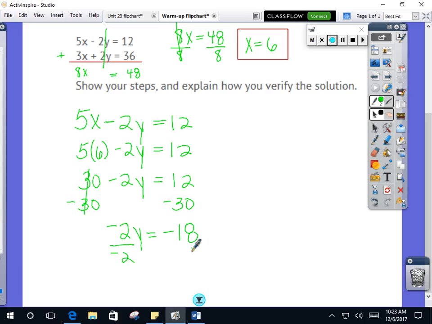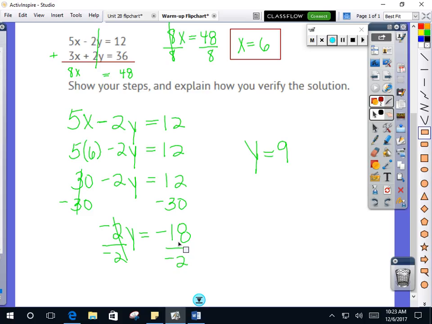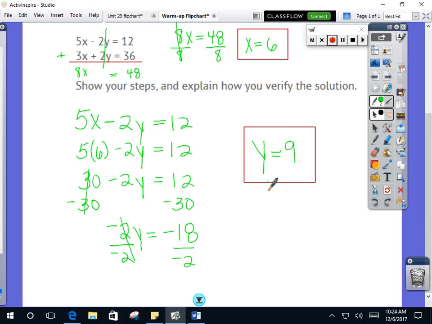Divide by negative 2 on both sides, and you get y equals 9. Positive 9, because a negative divided by a negative is a positive, and 18 over 2 is 9. Now remember, you write your final answer like an ordered pair. X comes first, so 6 comes first, and then 9 is second. And that's how you write your answer.